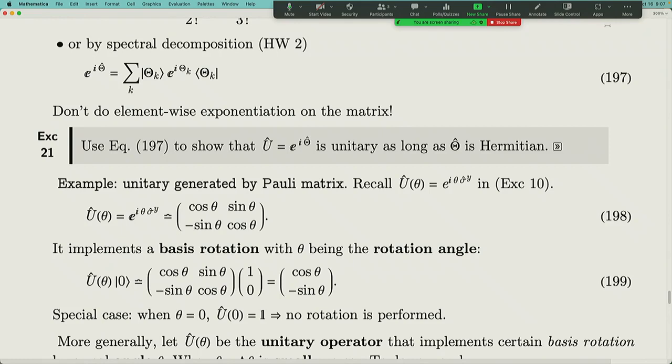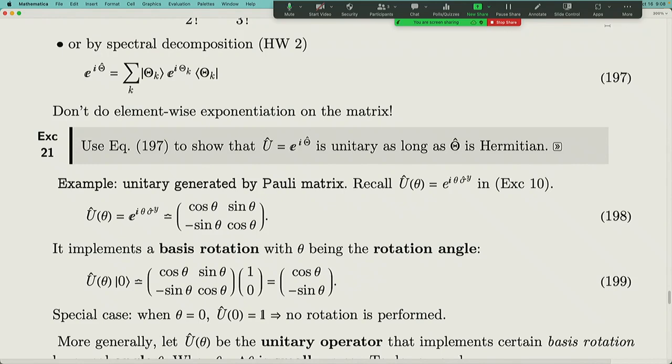But if you first transform everything into the diagonal basis of sigma y, perform this phase rotation, and then transform it back, then you will get this result. All these non-trivial off-diagonal matrix elements come from the fact that you are not choosing the diagonal basis for the Hermitian operator to start with.